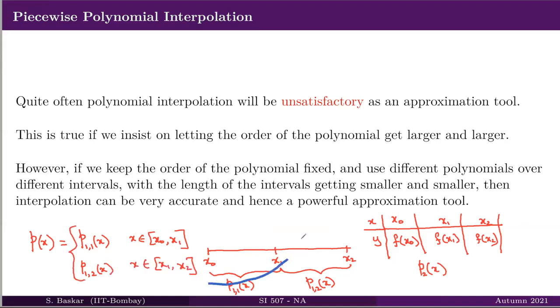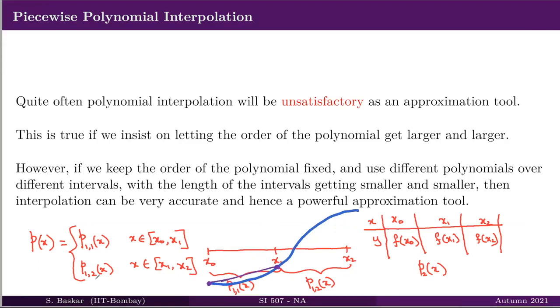Assume that the graph of the function is something like this, where this is the point x0, f of x0, and this is the point x1, f of x1. Now P11 of x is just this linear polynomial, that is the straight line joining these 2 points, right?